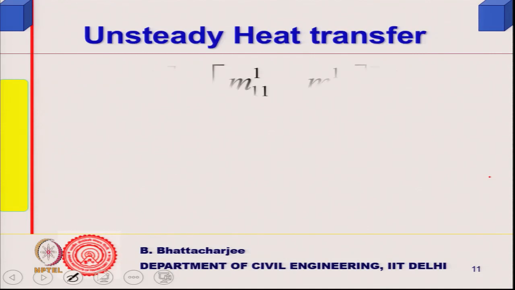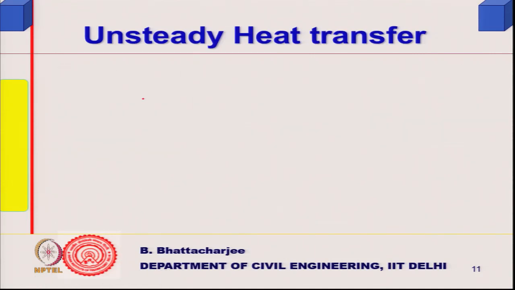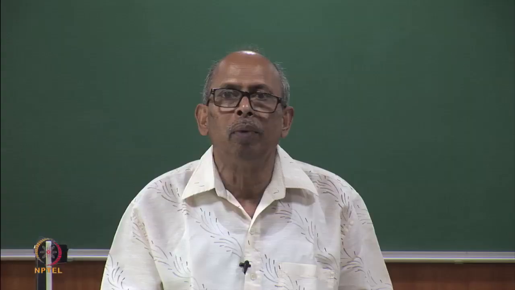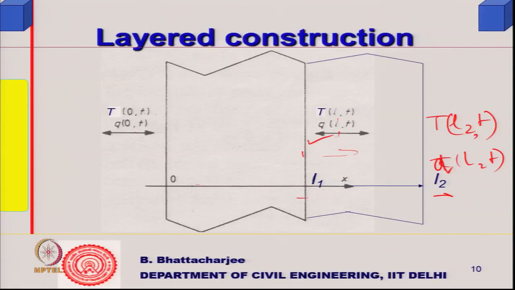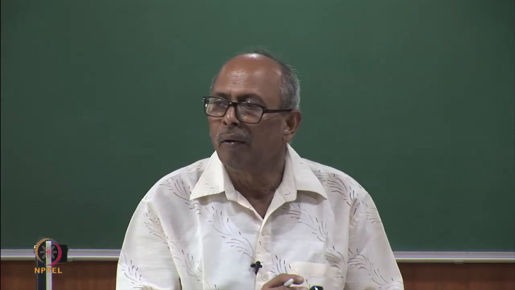So, I can now write theta L1 s, the Laplace transformation, and phi L1 s here can be written in terms of theta 0 and phi 0, because we wrote it in terms of theta 0 and phi 0.